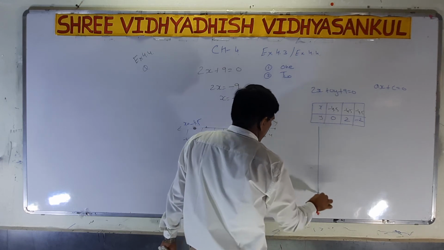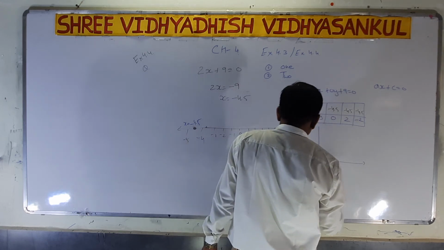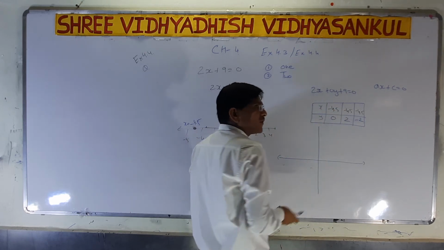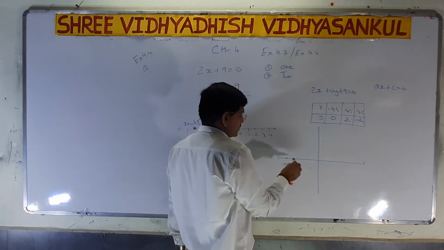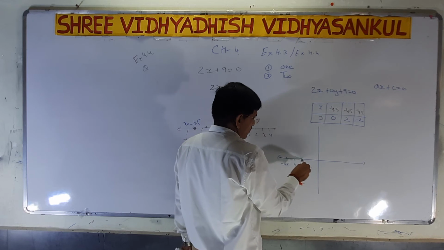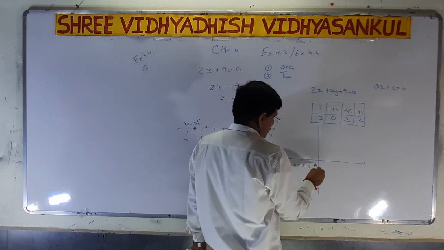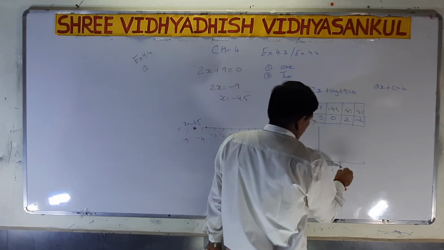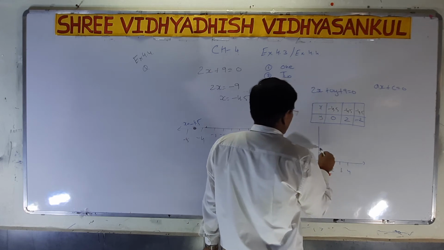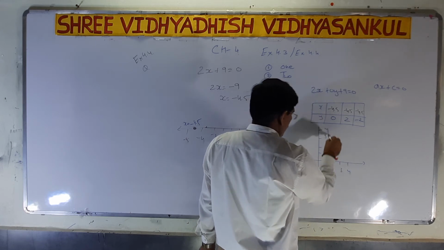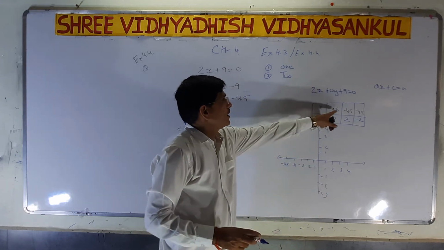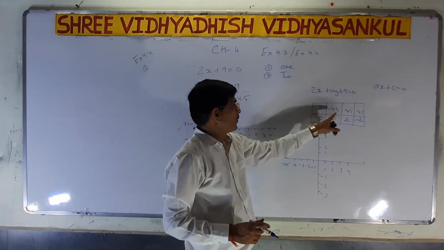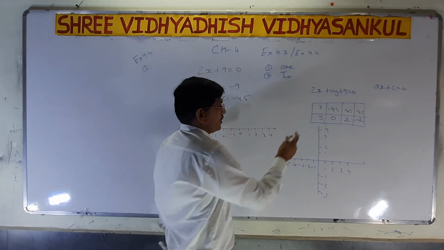Now, if you do the graph of it, the x value is fixed, minus 4.5. Minus 4, minus 3, minus 2, minus 1, 1, 2, 3 and 4. Here 1, 2, 3 and 4, minus 1, minus 2, minus 3. Now minus 5 and minus 4.5 and 0.